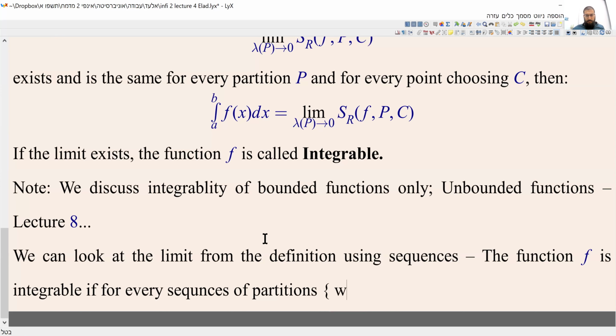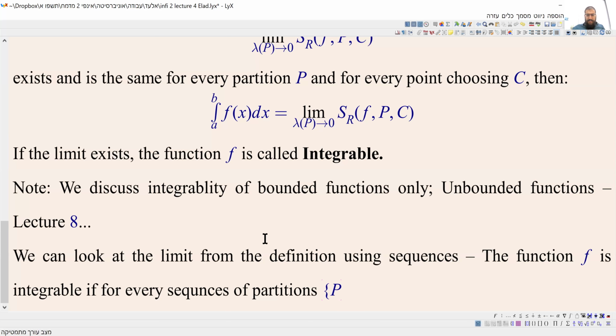Partitions P_m, it was like this in the first place.